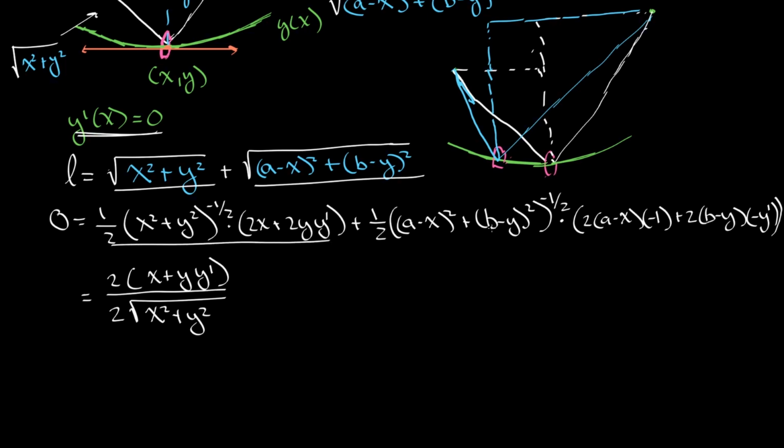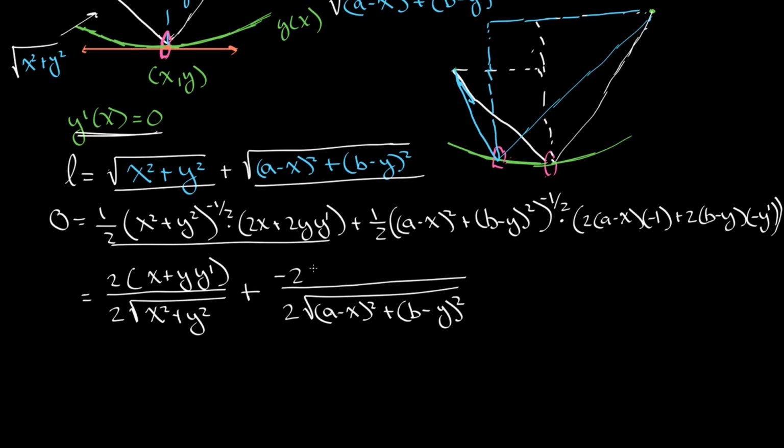And now dealing with this second term here, we have plus, and again, we have a numerator and denominator. So in the denominator, we have 2 times the square root of (a minus x) squared plus (b minus y) squared. And then numerator, let's see here. It looks like we can factor out a 2, and we can factor out a negative 1. So let's factor out negative 2.